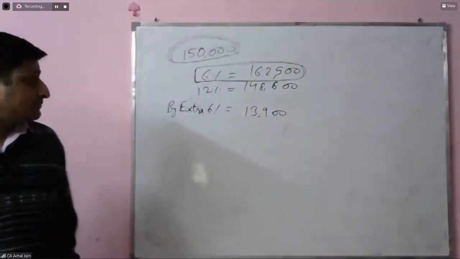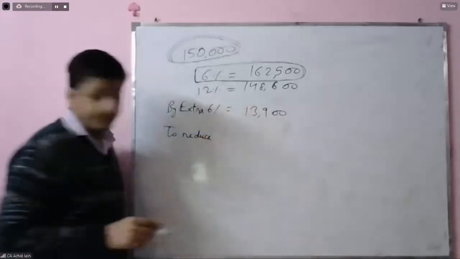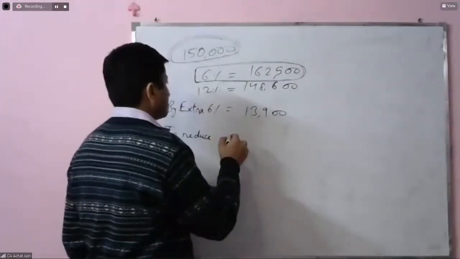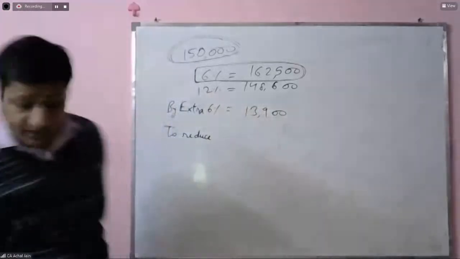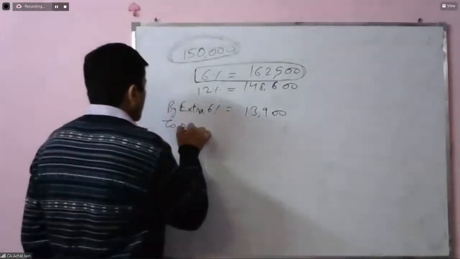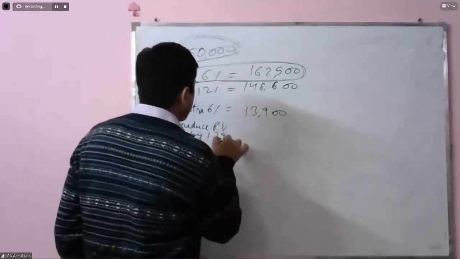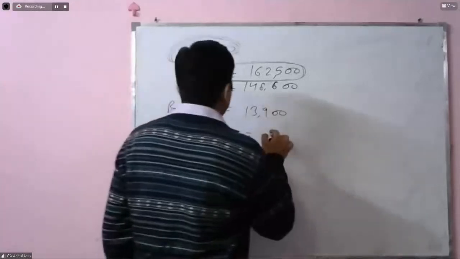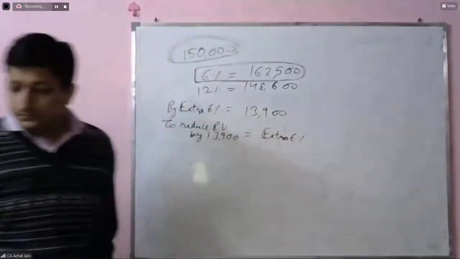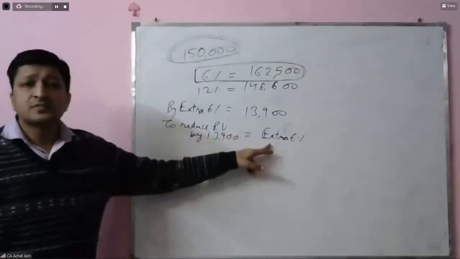Now, what is the objective? To reduce PV by 13,900, I required an extra 6%.